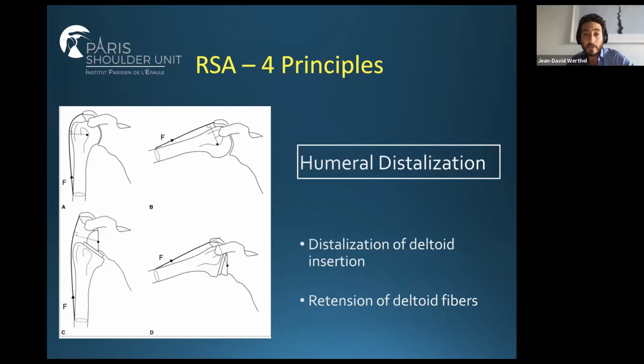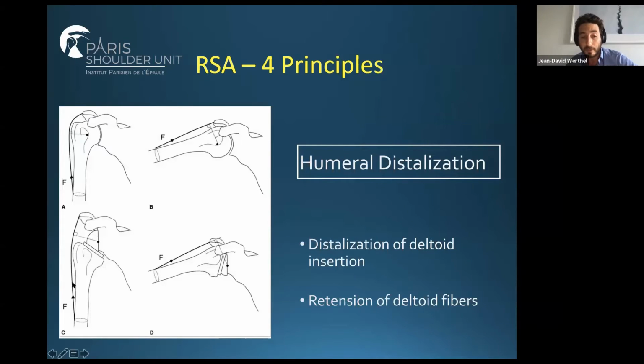The second one is the distalization of the humerus. Why is it important? Because often in these cases, you have a superior migration of the head. So you have a relaxation of the deltoid. And so if you distalize the humerus, you can see here the greater tuberosity is quite close to the acromion. But with the reverse shoulder arthroplasty, you can see that the distance between the greater tuberosity and the acromion is much more.